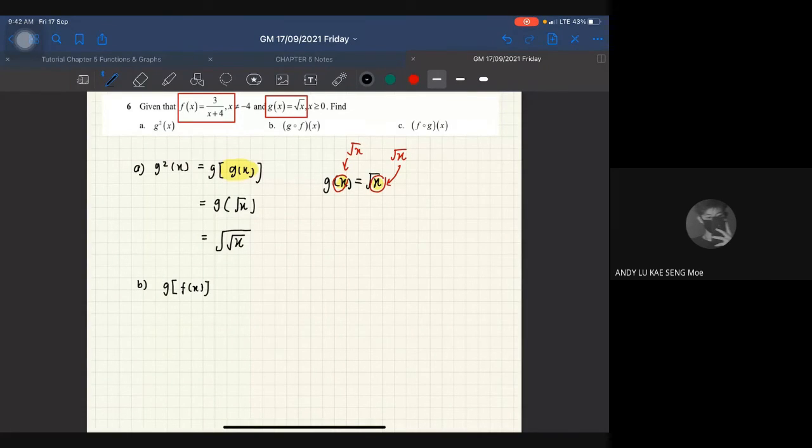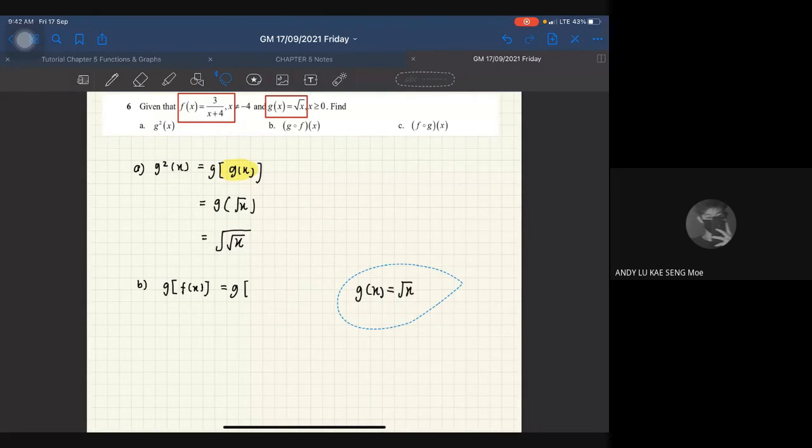Okay, so g of fx maksudnya awak ada g. Okay, and then instead of x, saya salin balik yang ni kat bawah. So tengok kat belah kanan ni. Sekarang awak ada gx. Dalam dia pun x. Tapi kalau tengok dekat sini, kita ada fx kat dalam ni. Okay, so awak kena gantikan kita punya x sekarang.